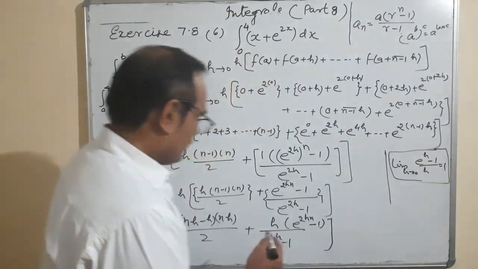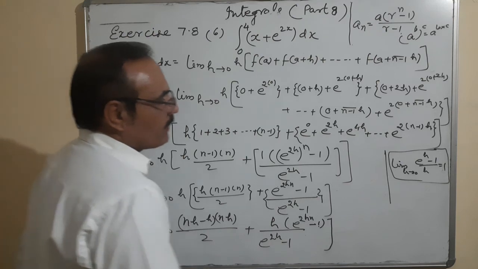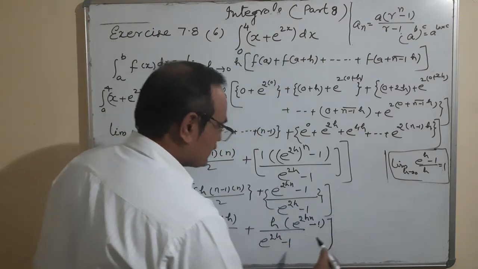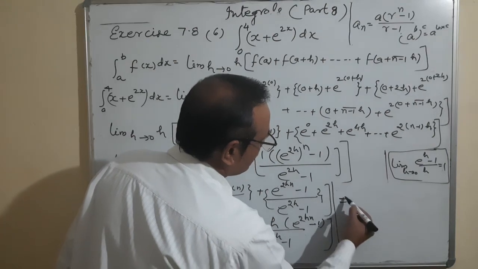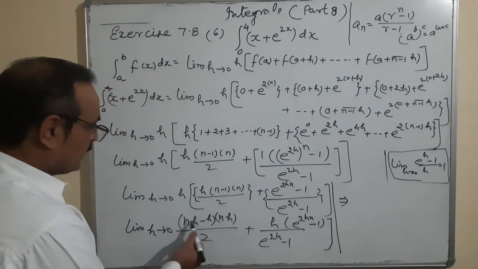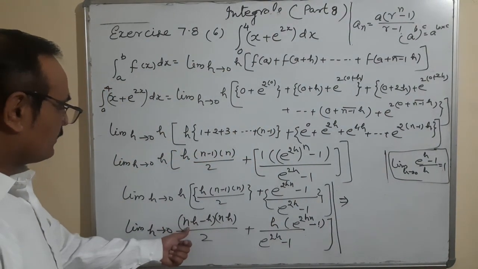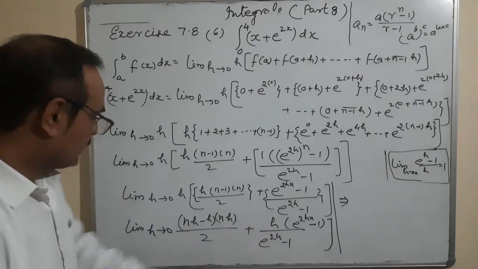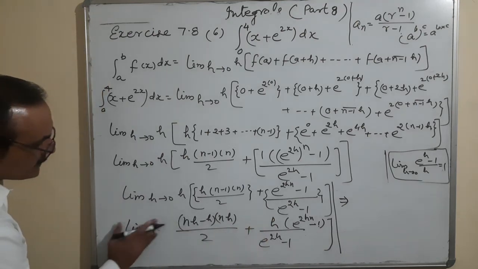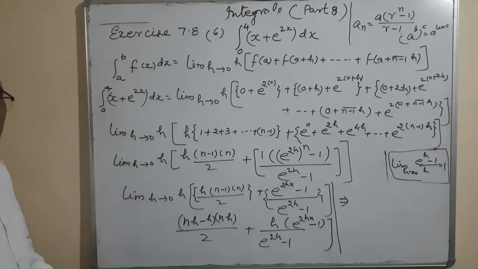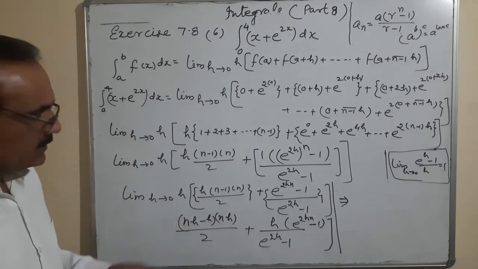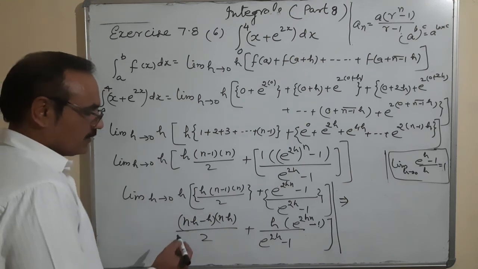Okay, so what should be done next? I want to put the value of h here, because we have varied h. After that this h is not required now. It is over. When we use h, this h is completed.